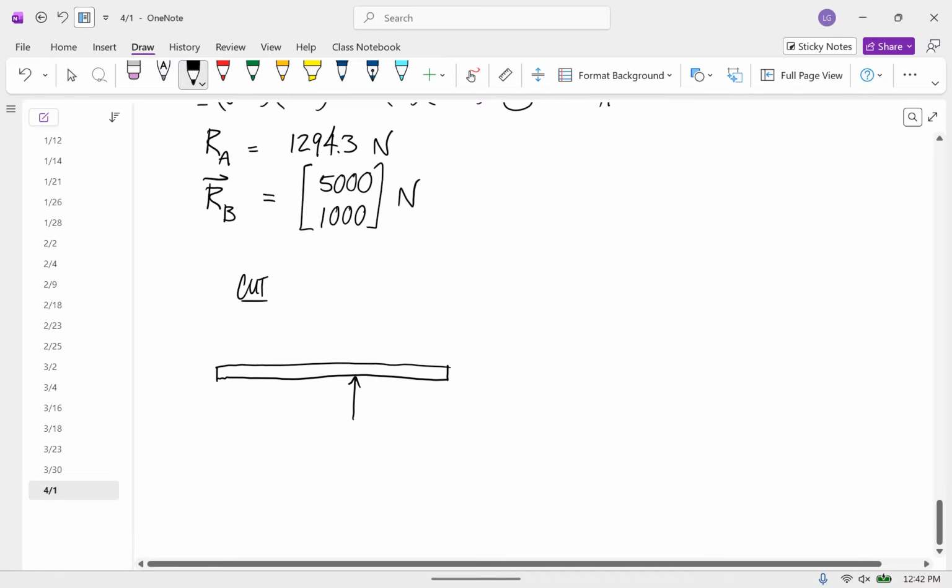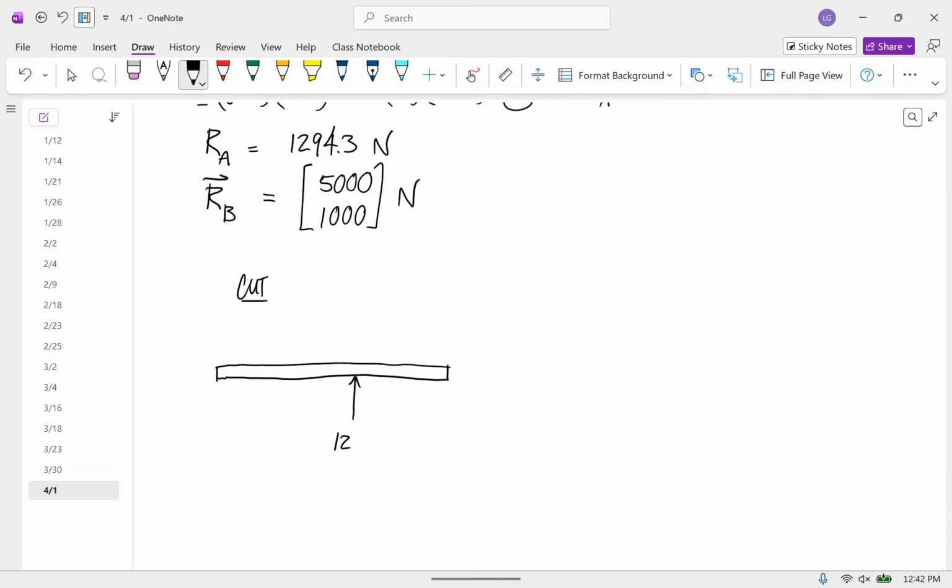Let's see, we have our RA of 1294.3. And then we have our 2,000 down. And we have our 5,000 this way. And then we have our weight force that we can treat as a point force at the midpoint.